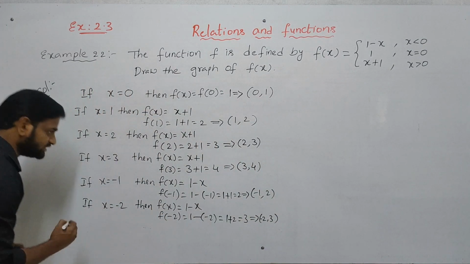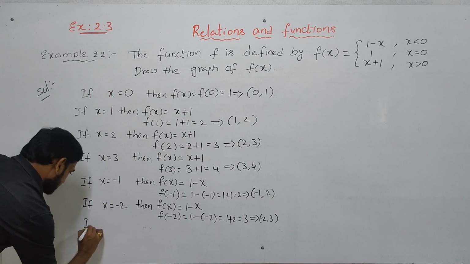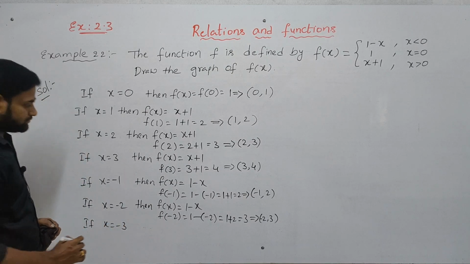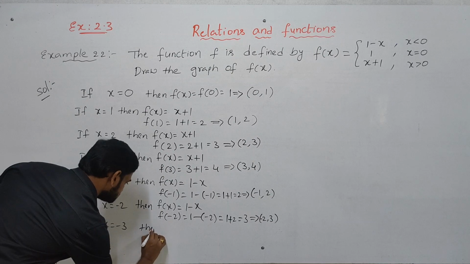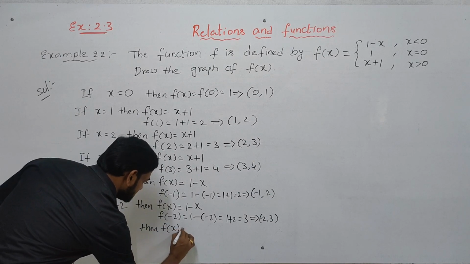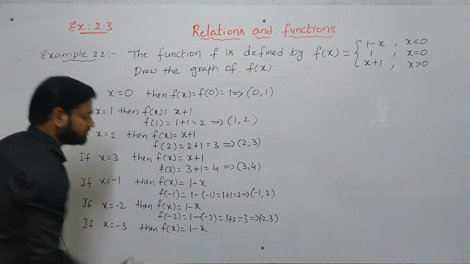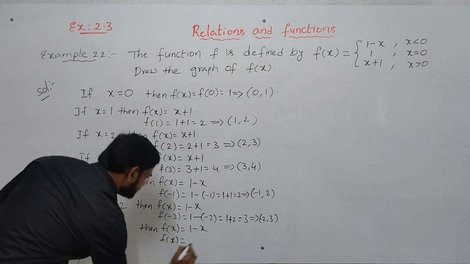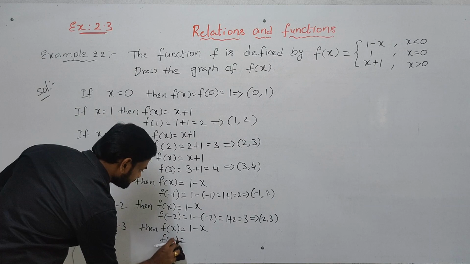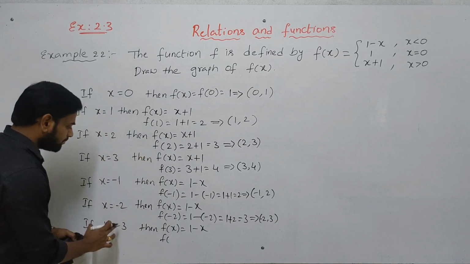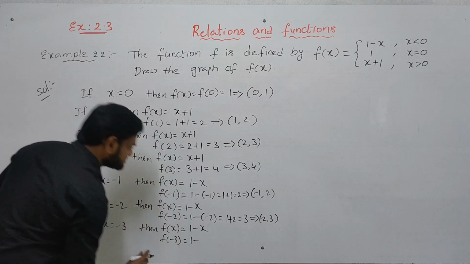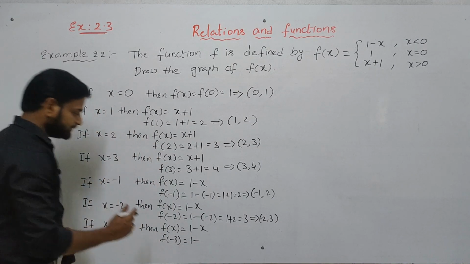Next, and finally, if x value is minus 3, then f of x is equal to 1 minus x, same function. Now, f of minus 3 is equal to 1 minus x value, which is minus 3.